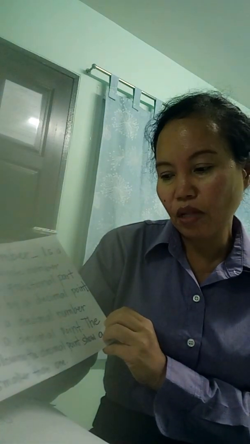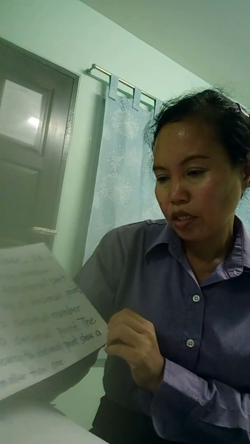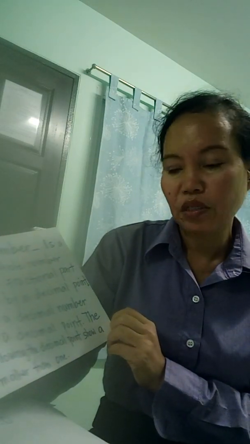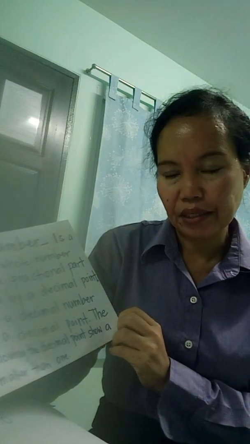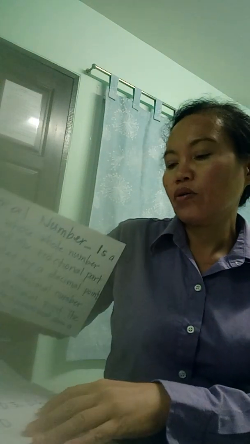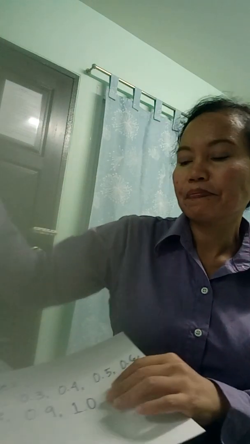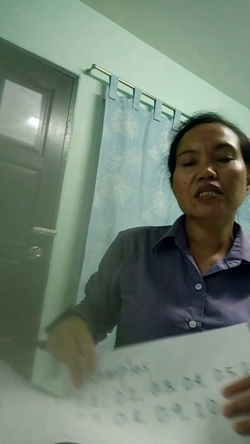The digits following the decimal point show a value smaller than 1. So a decimal number is a whole number separated by a dot or a decimal point.